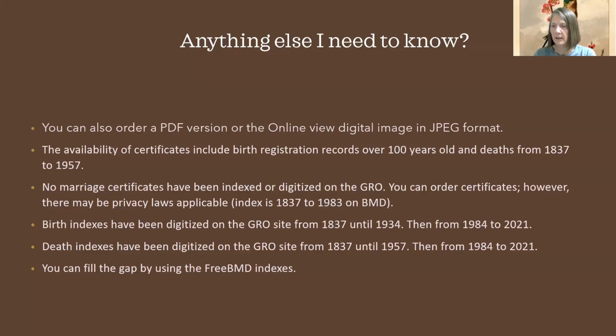So they started putting them on computer, but they didn't want to spend the money to do the rest of the digitization for the 50 years before 1984. So it's basically not there. It's the same with death indexes: they go up until 1957, and then there's a gap till 1984. But the one who picked up the slack on that was the free BMD. So that's why you can fill the gap using those free BMD indexes.